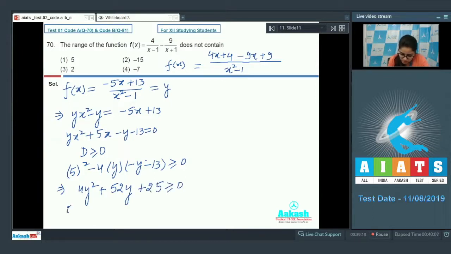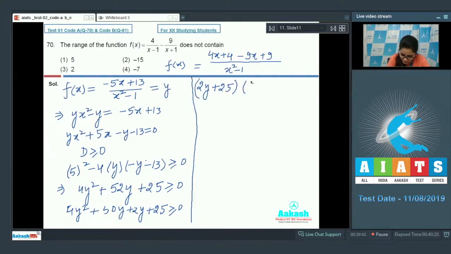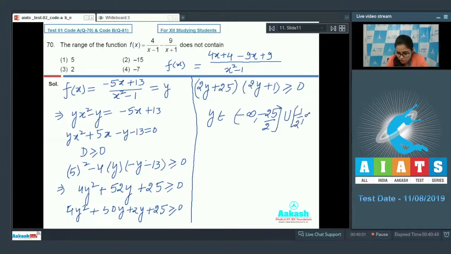So see, 4y square plus 50y plus 2y plus 25 greater than or equal to 0. So 2y plus 25 and 2y plus 1 greater than or equal to 0. So from here you are getting y belongs to minus infinity to minus 25 by 2 union minus 1 by 2 to infinity.